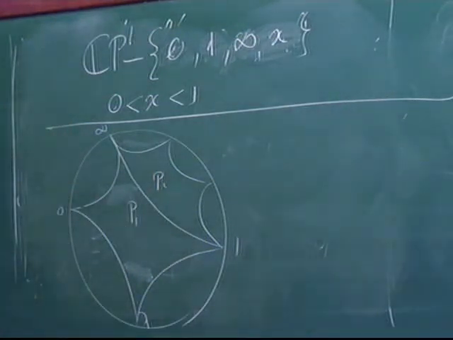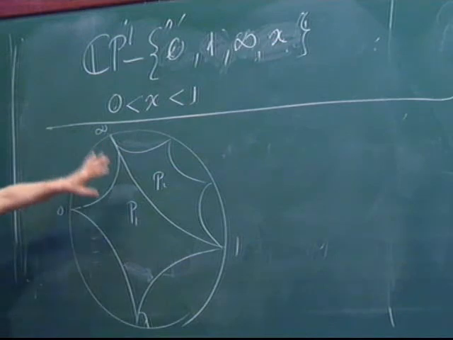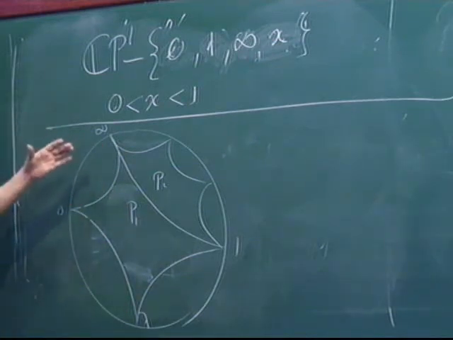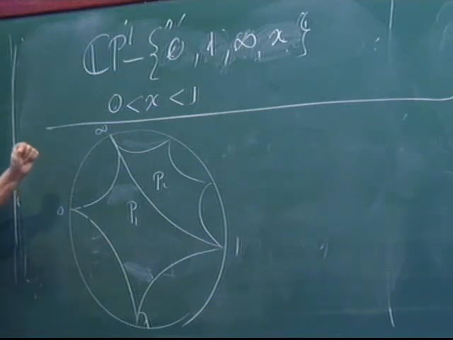Okay? And if you take the quotient of the Poincaré disk by this Fuchsian group, you get a sphere with 4 points deleted.